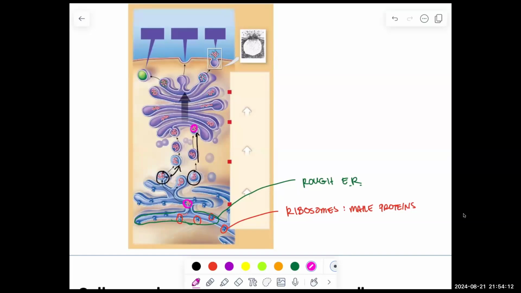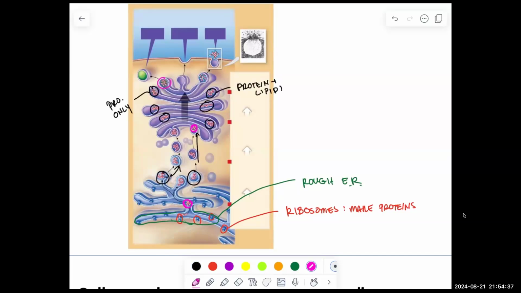I'm going to put this protein over here. And it sorts them. Look, it's sorting them. Continues to sort them. This one's protein only. This one's protein and lipids. It has sorted them. And now they're going to pinch off and become different parts of the cell.